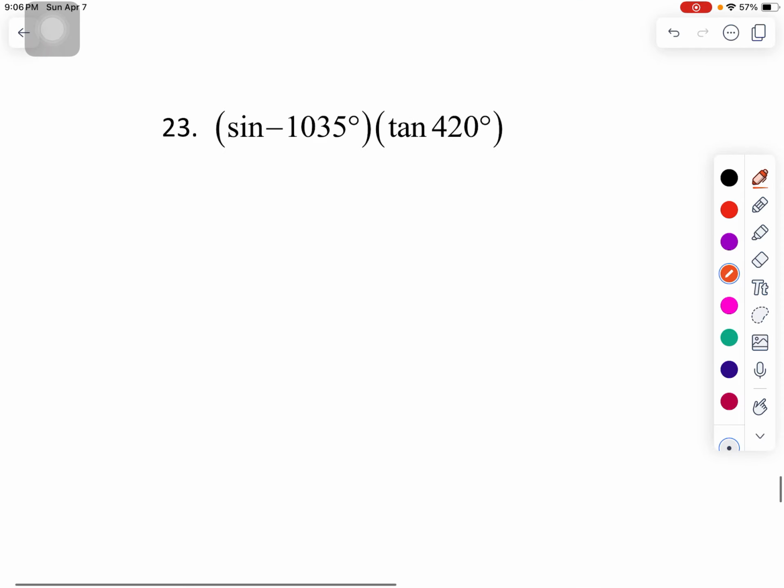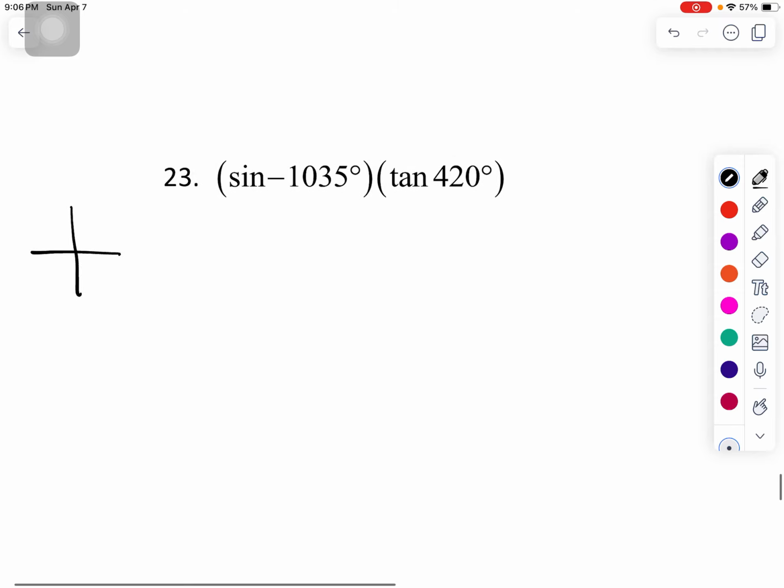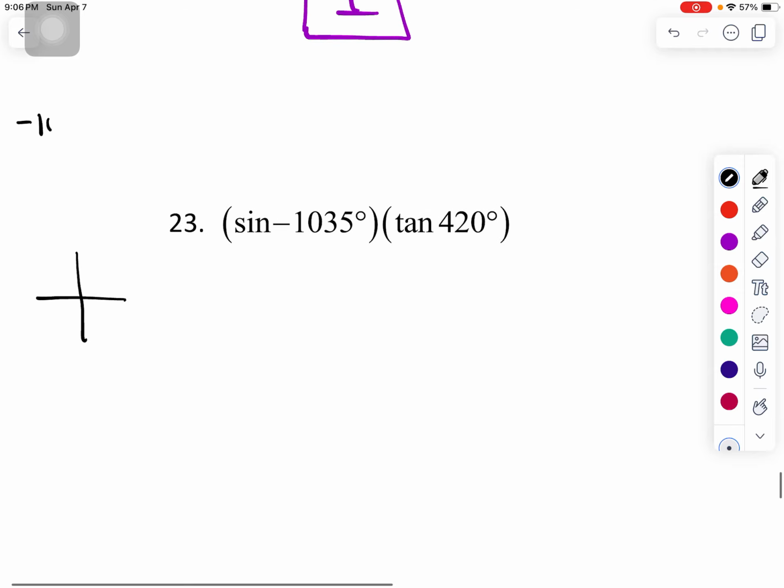All right, so problem number 23, everything is in degrees here, but clearly negative 1035 degrees, I don't know where that is on my unit circle. So I'm going to grab my calculator. I'm going to add 360 this time. So plus 360, and I get negative 675. I'm going to add another 360. Again, just using my coterminal angles.